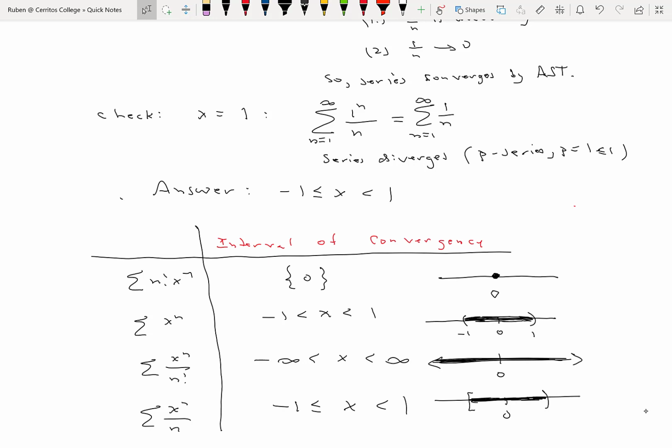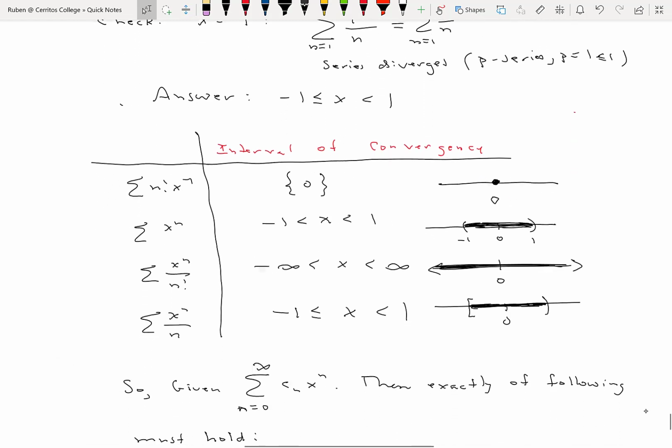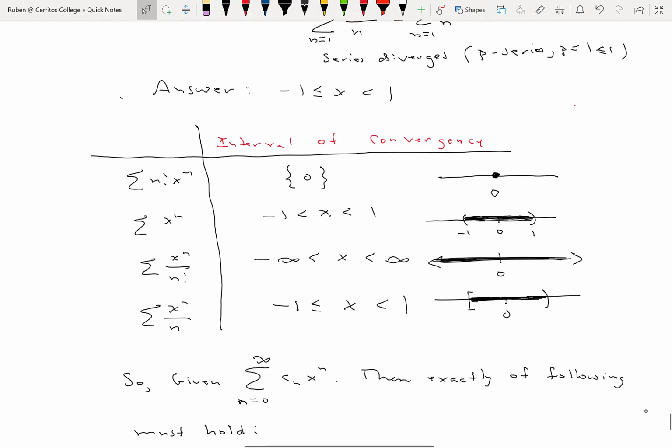Convergence of a power series centered at 0 always occurs in an interval centered at 0, whether it's a single point, everywhere on the whole x-axis, or some interval of finite length centered at 0. That's how we summarize this concept of convergence of power series centered at 0.